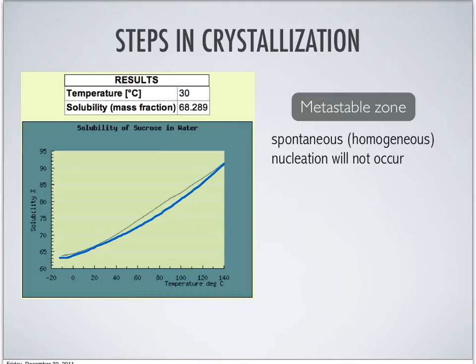Any point below this line is the undersaturated state, and crystallization is thermodynamically impossible in this undersaturated region. If we add, say, a seed crystal here, it will just dissolve without growing.